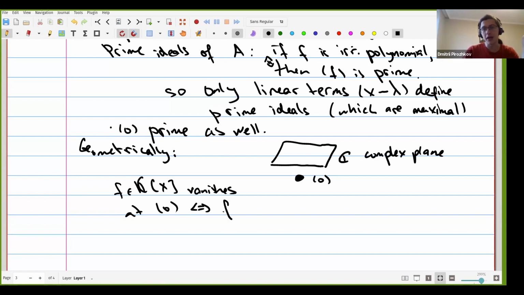So if and only if f is actually the zero polynomial. So any non-zero function does not vanish at this fat point that I have drawn, called zero.